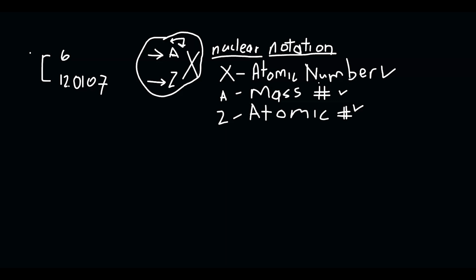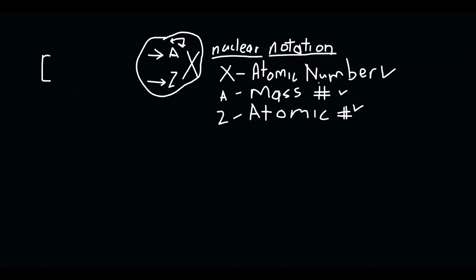As I said before, when you're looking at the periodic table, the bigger number of the two numbers would be the mass number. You get that? In the comment section, we're going to talk about how we get the mass number, but we're just focusing on how we identify the atomic number and the mass number in the periodic table.